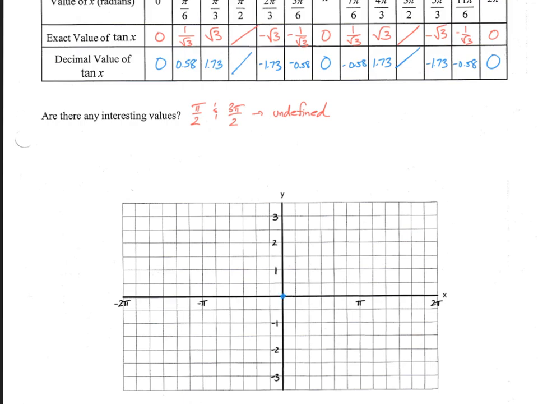At pi by 6, I've got approximately 0.58, so I'm just a little bit past 0.5. Pi by 3, I get 1.73, so almost 1 3/4. I can't plot anything at pi by 2. When I then get, and keep going, now I'm down at negative 1.73. I'm a little bit past 0.5, my 0, and now I see that pattern repeat.